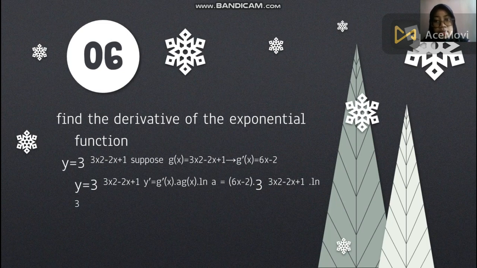Suppose g(x) = 3x² - 2x + 1, g'(x) = 6x - 2. y = 3^(3x² - 2x + 1), y' = g'(x) times a^g(x) times ln a = (6x - 2) times 3^(3x² - 2x + 1) times ln 3.